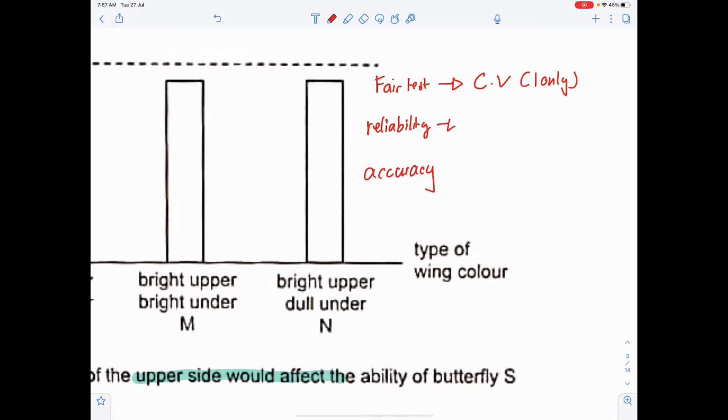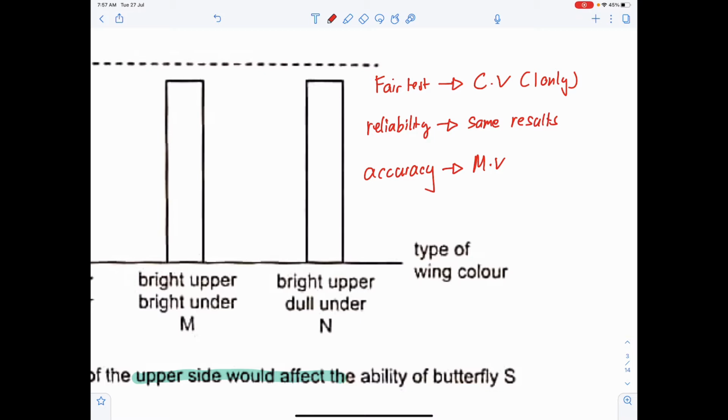In reliability, we are concerned with being able to obtain the same results. And lastly, accuracy, we are concerned with the measured variable. So you ask yourself, out of these three, what is it about?